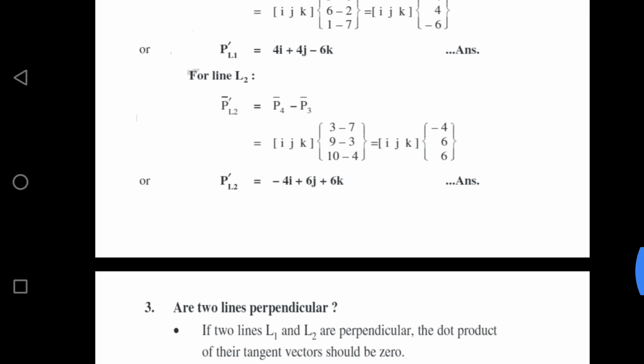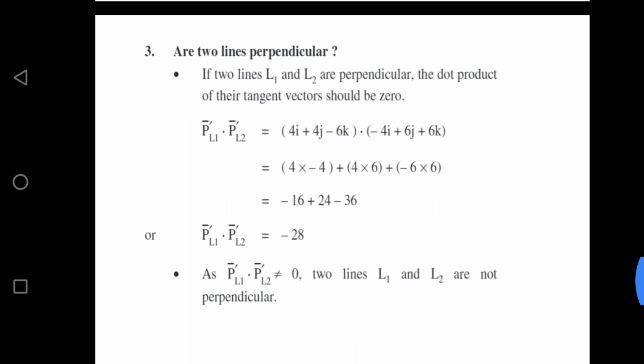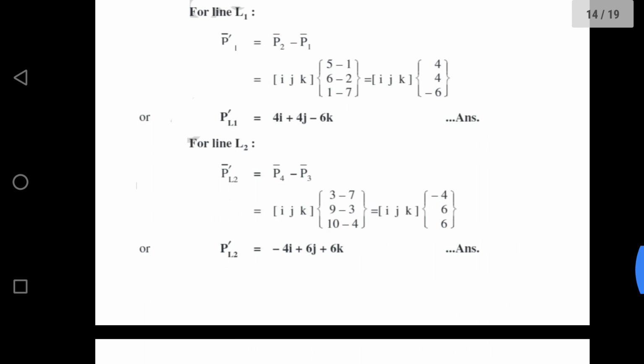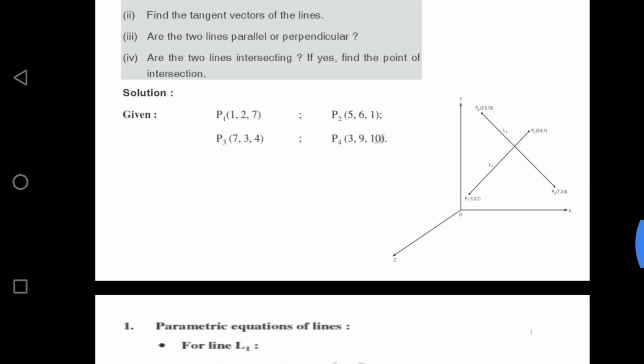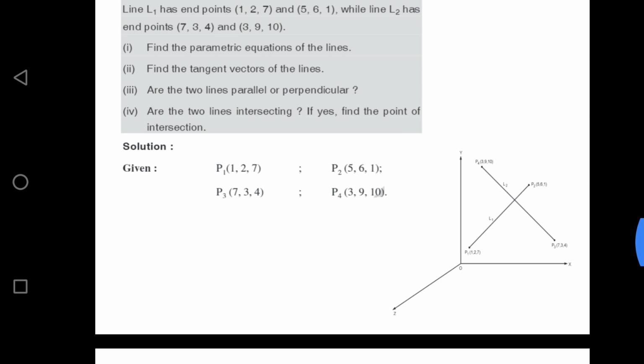So next question is, are the two lines perpendicular? When you see this diagram, we can say that these two lines aren't parallel, they aren't perpendicular, but they are intersecting each other.